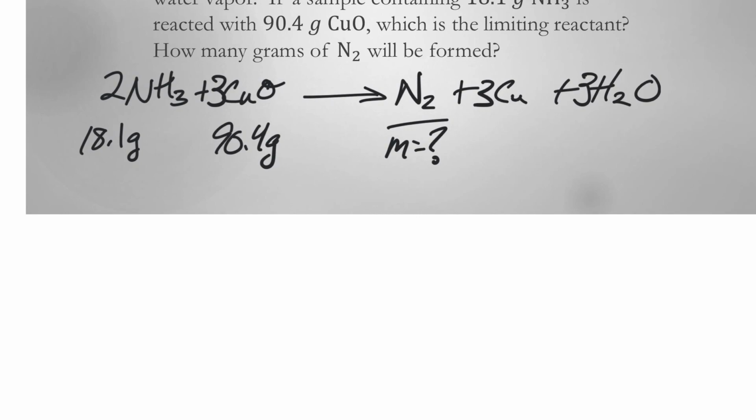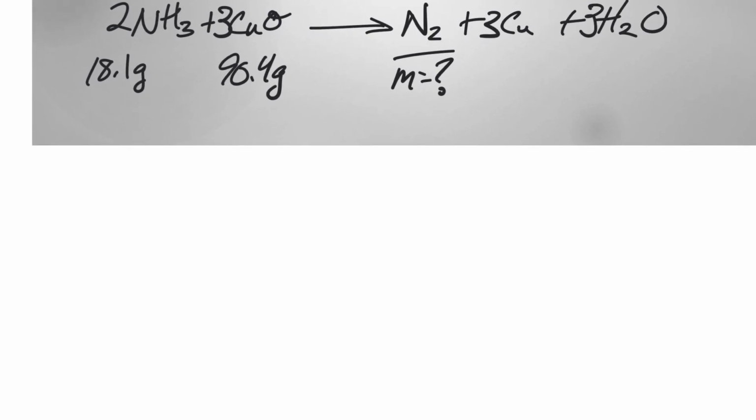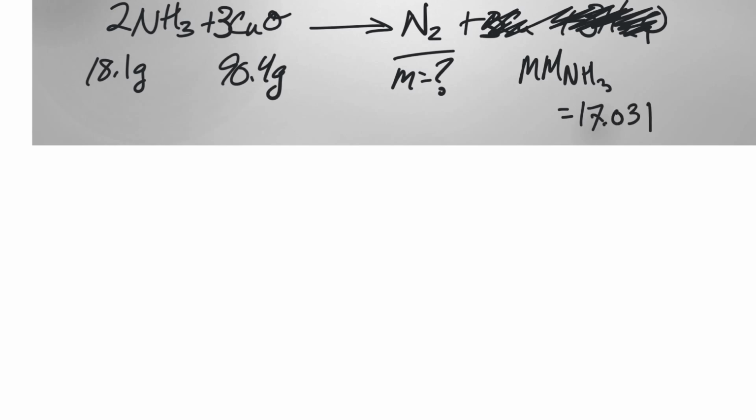So, we have everything there. First step, what is the limiting reactant or limiting reagent? We have to have the molar masses of these three. These ones don't matter. All right, so ammonia, which we just did in the previous slide, is 17.031 grams per mole.